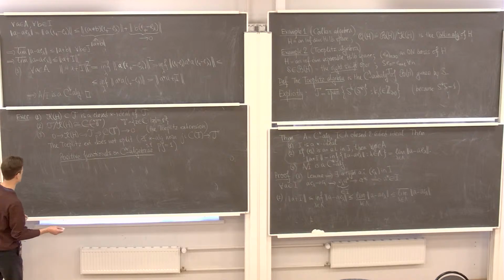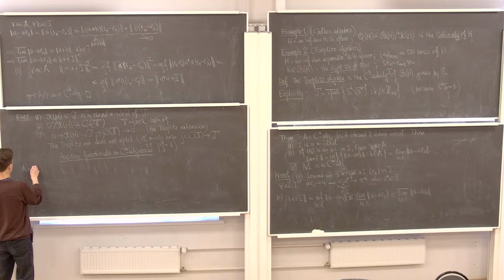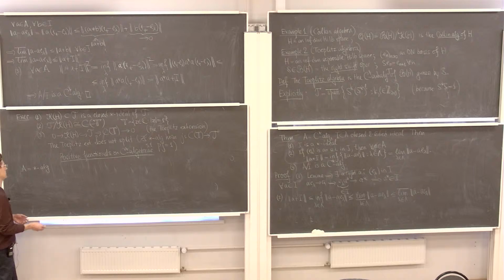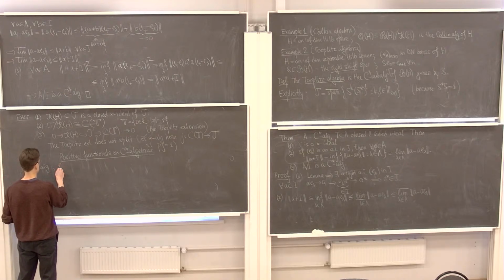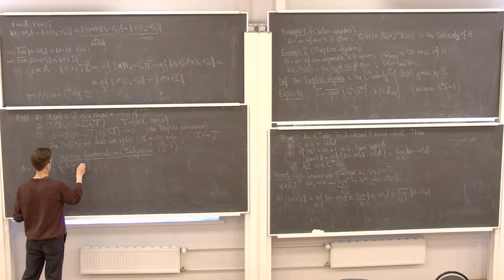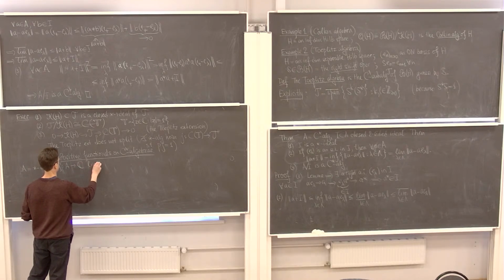So we start with the following situation. We take a star algebra A, an arbitrary star algebra, not necessarily a C-star algebra, and a linear functional f on A.